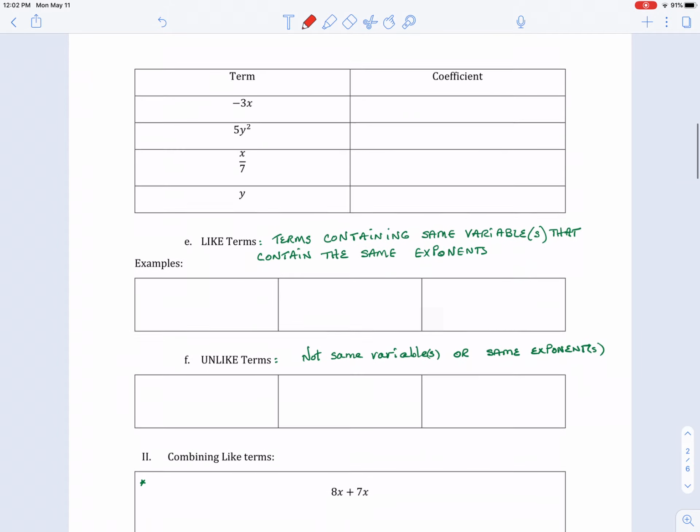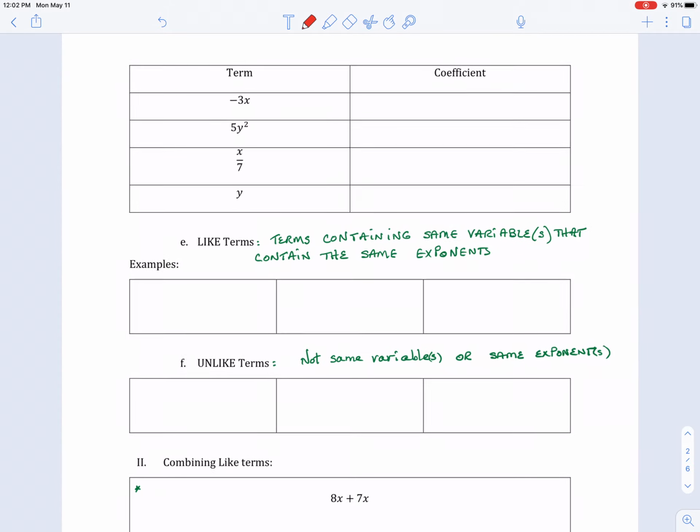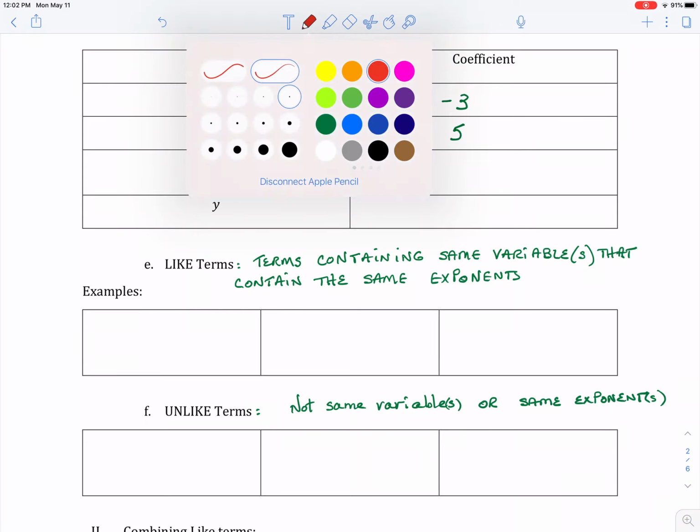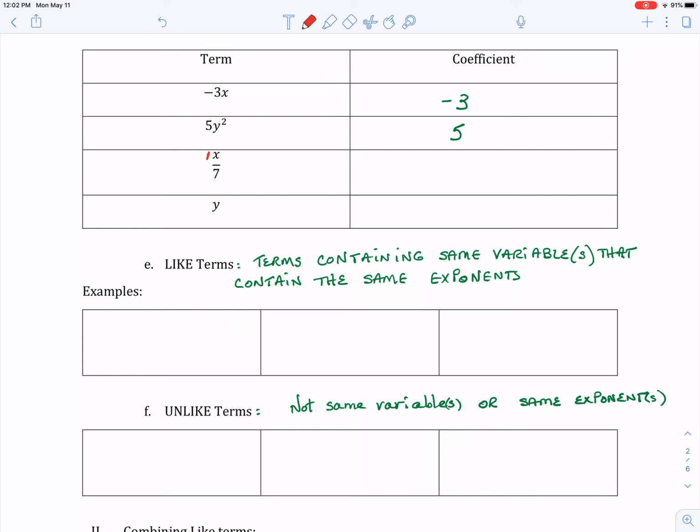Here's some quick examples. You can see we have on the left column some terms identified, and the numerical coefficient for this first term is that numerical multiplier. The second example has a numerical multiplier of 5, so that is called the coefficient. Here's one that I talked about earlier, where you need to understand that there is a 1 in front of that x.